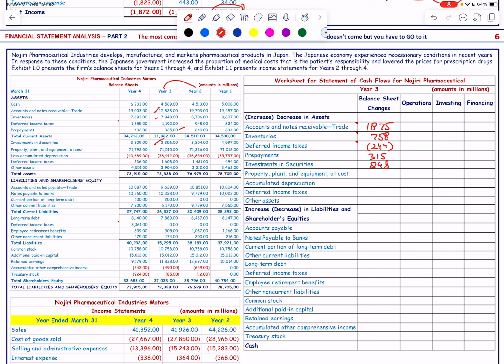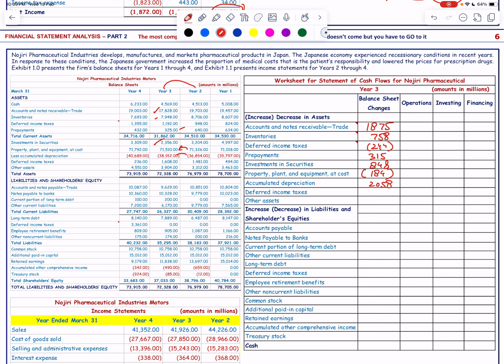Looking at property, plant, and equipment, there is an increase over here, so this will be put in bracket as 184. Accumulated depreciation, this will be without bracket. There is a decrease, you can see, by 2058.